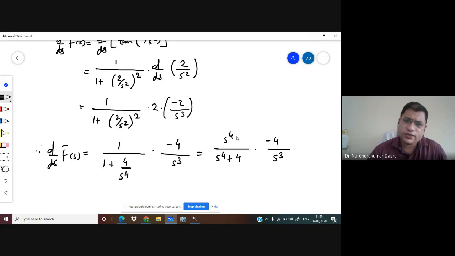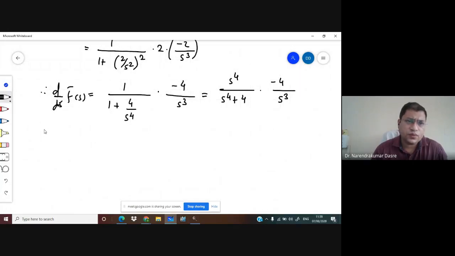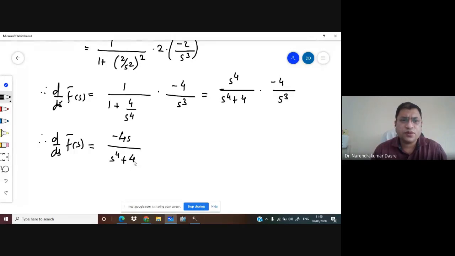This s cube will get cancelled with the s cube here, and then d by ds of f bar of s is equal to minus 4s upon s raised to 4 plus 4. So we got the derivative.